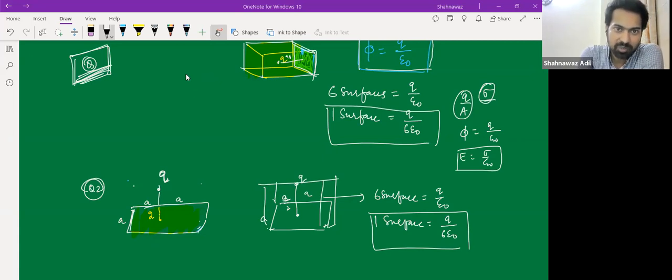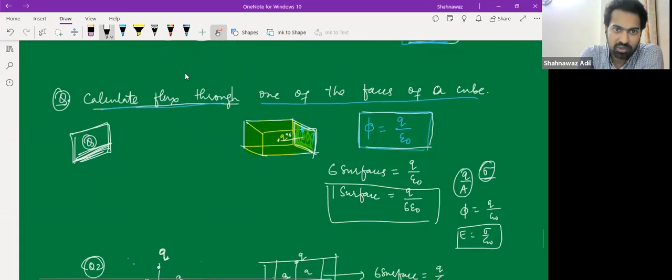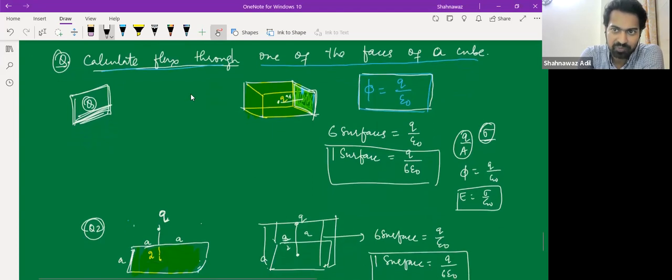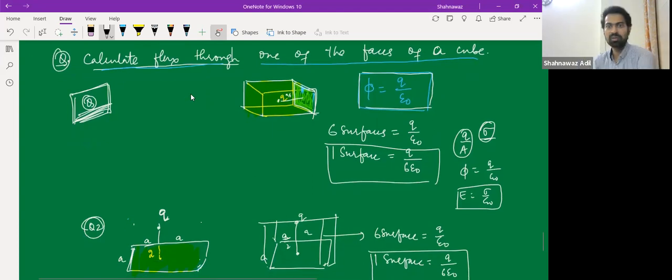Please quickly note down these two problems, and then we will do one more problem. Then we will solve the other question.